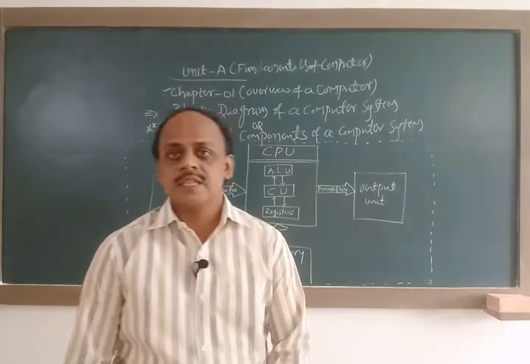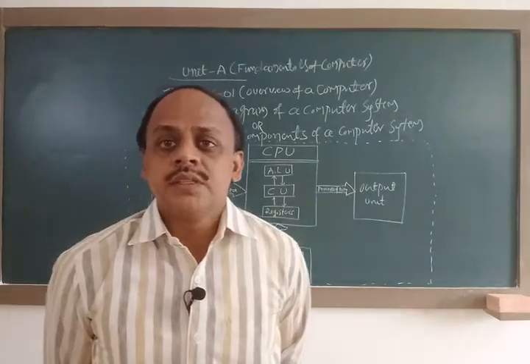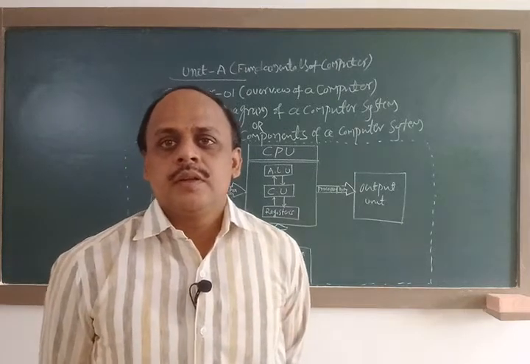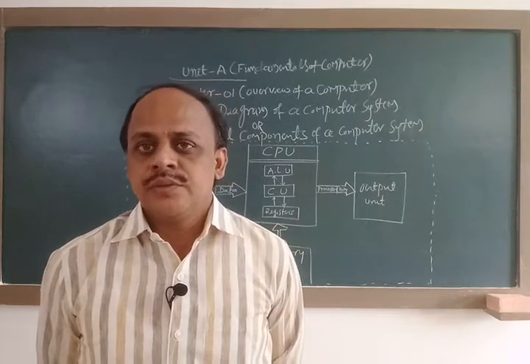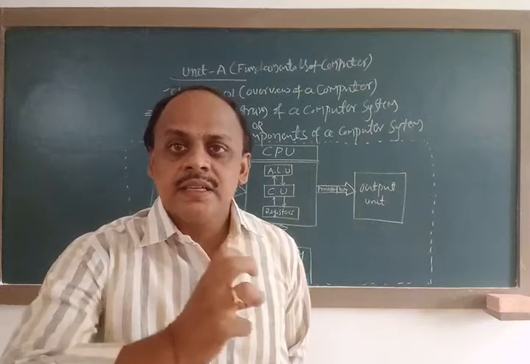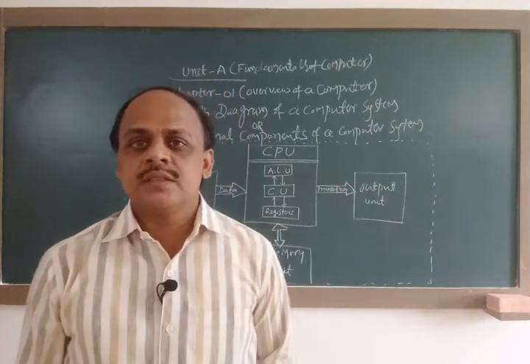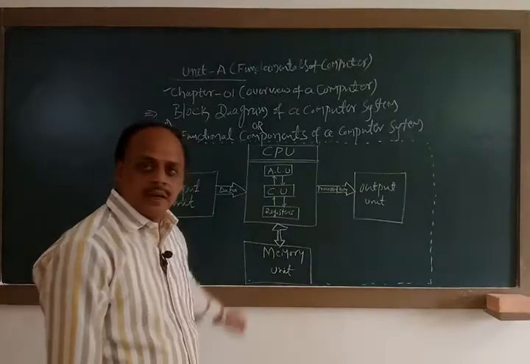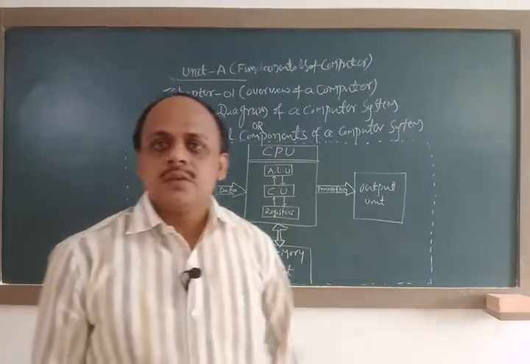Before explaining this block diagram, just recall the definition of a computer system, because if we are able to understand the definition of a computer, it is easy to understand the block diagram of a computer system. What is a computer?